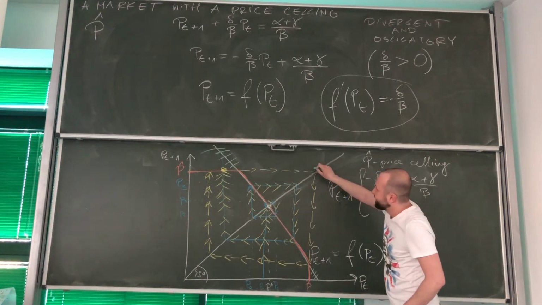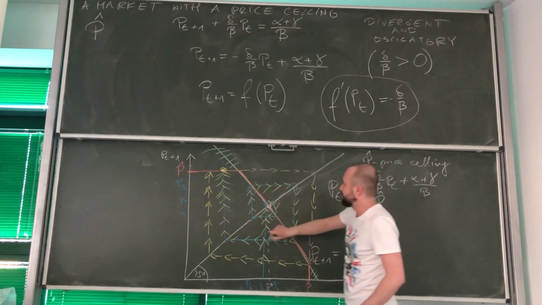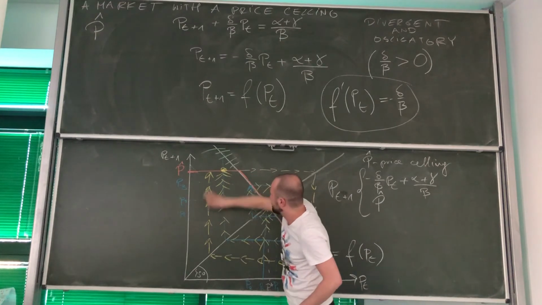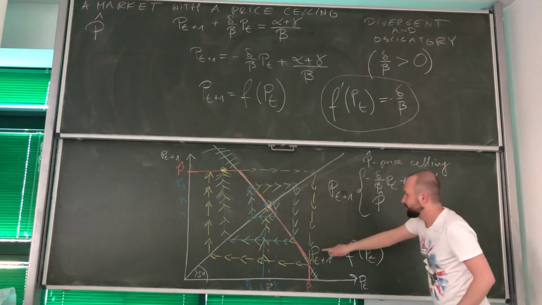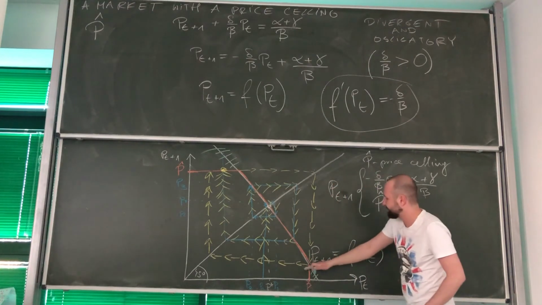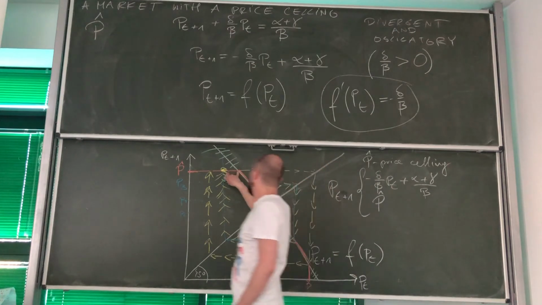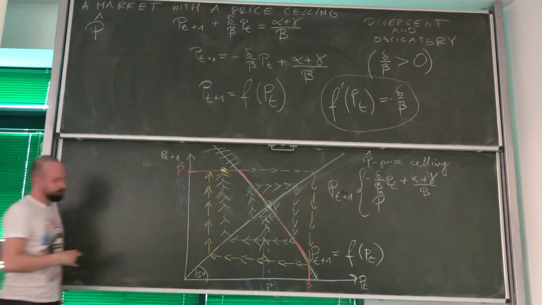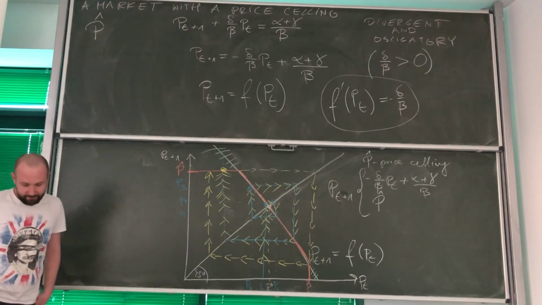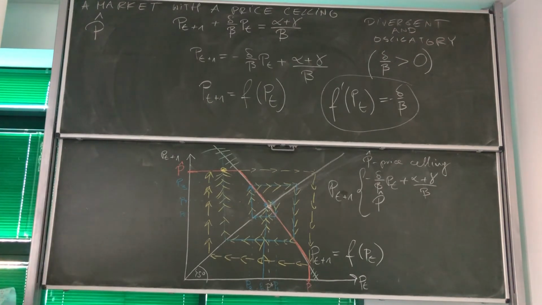So basically we get a price that is constant, because over here we get a price cap that is constant, because the price over here and over here is actually the same.